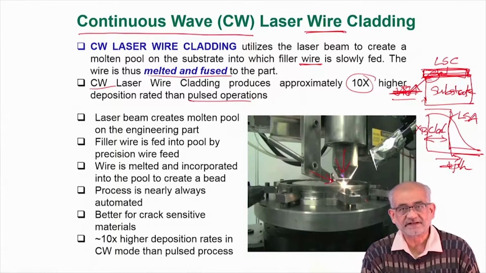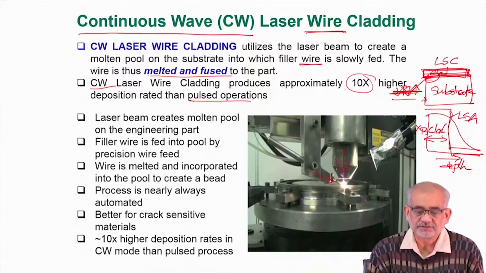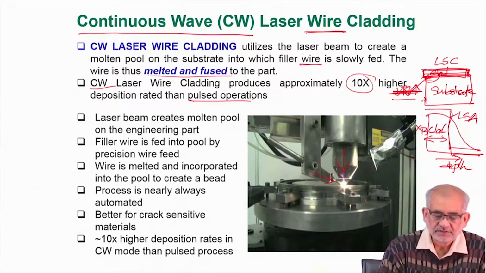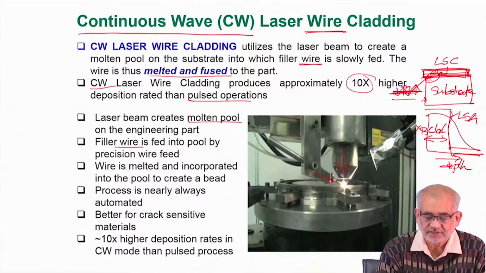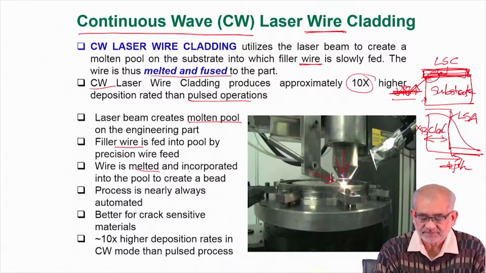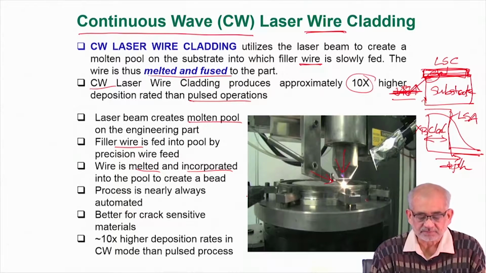So continuous wave cladding is kinetically faster and also more convenient for making a thicker coating. As I said, we create a molten pool, and into it we feed the filler wire, and the wire is melted and incorporated, and we have very nice metallurgical bonding, and the whole process can be completely automated.